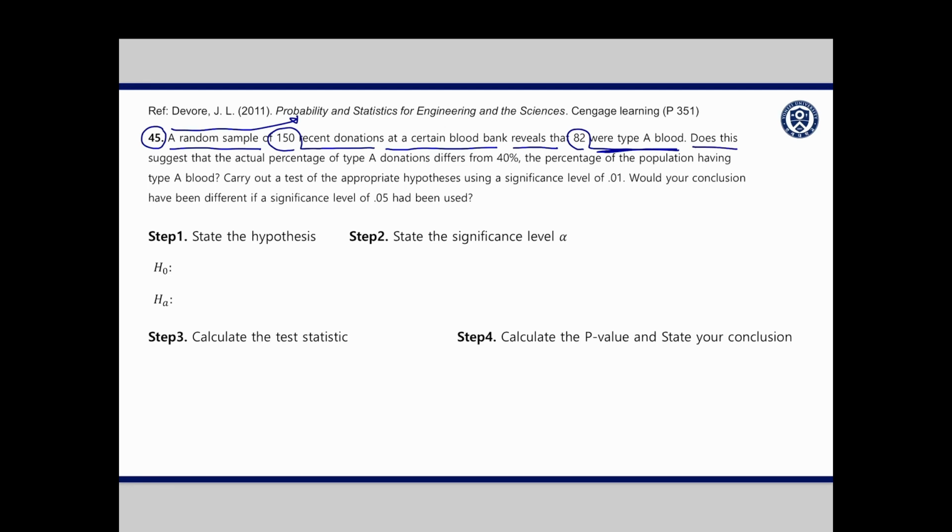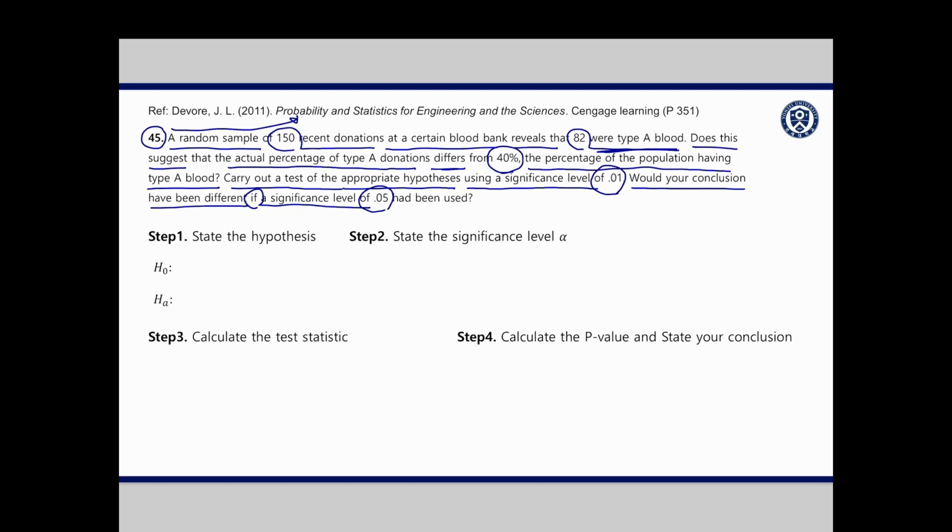Does this suggest that the actual percentage of type A donations differs from 40%, the percentage of the population having type A blood? Carry out a test of the appropriate hypothesis using a significance level of 0.01. Would your conclusion have been different if a significance level of 0.05 had been used?